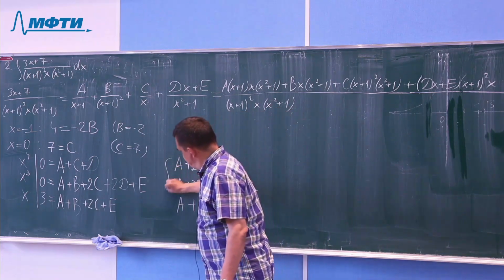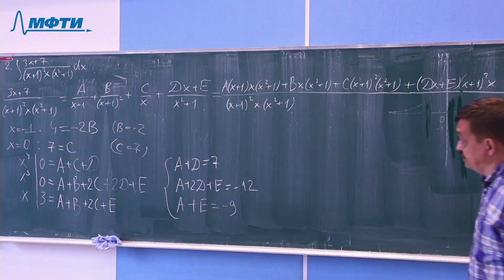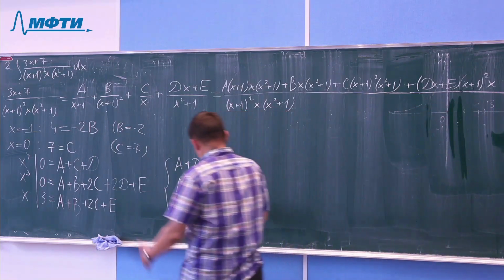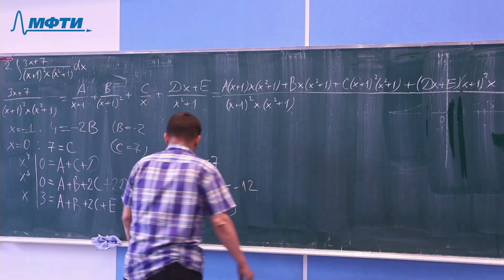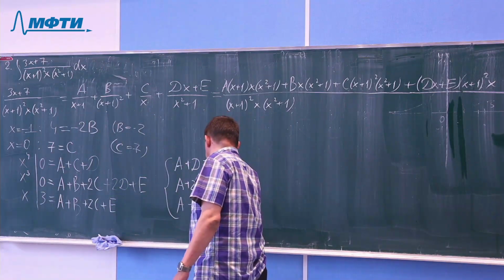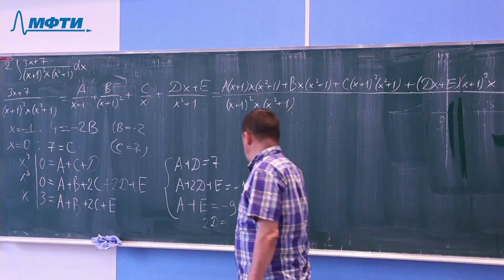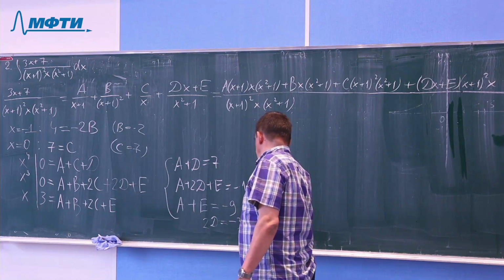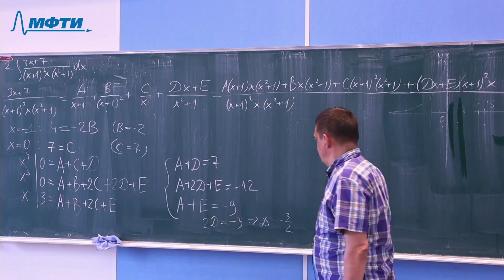So we have a system of 3 equations with 3 unknowns, and if we subtract second and third, we obtain 2d equals minus 12 plus 9 minus 3. So d equals minus 3 over 2.